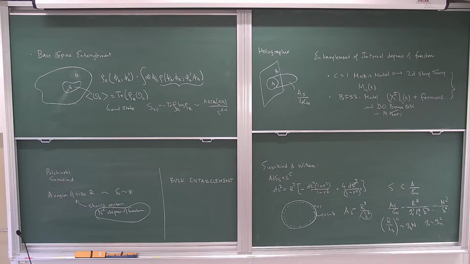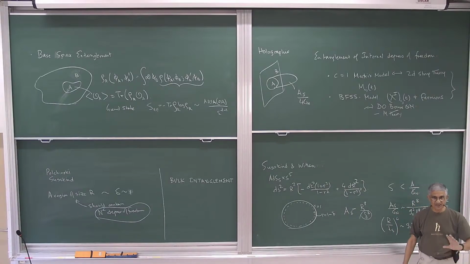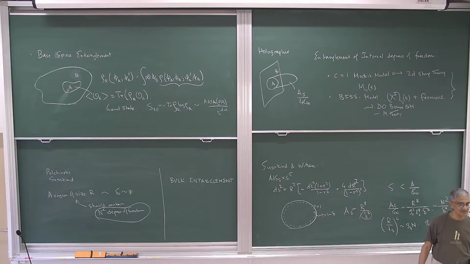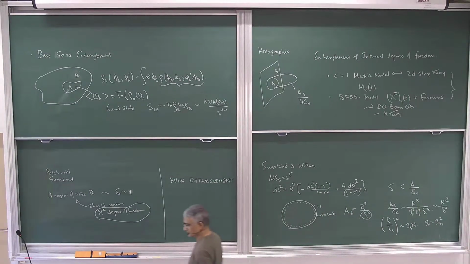So what we would really like is to have a notion which has something to do with the bulk. We will be led to notions of entanglement in the bulk. It reduces to that thing in some limit, but it is defined properly everywhere in all regimes. So we'll see what that has got to do with it.